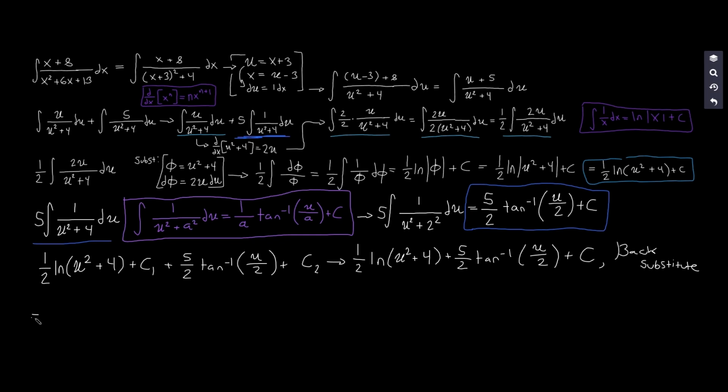We're going to have 1/2 natural logarithm of, well, this is u squared, but we're going to replace that with x plus 3 squared, because that's what we set u to, plus 4.